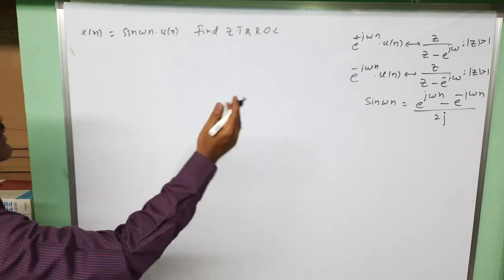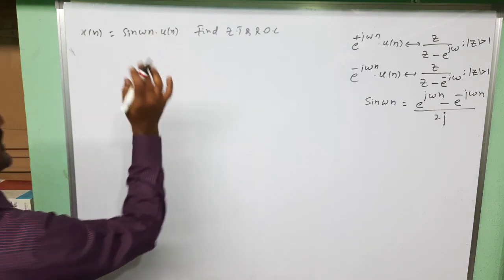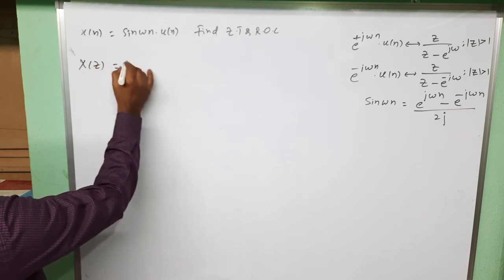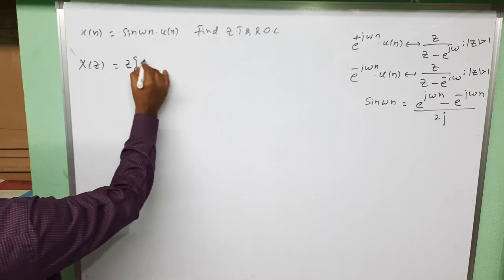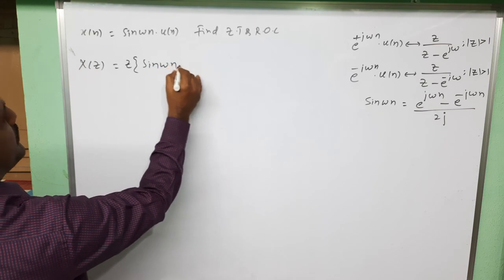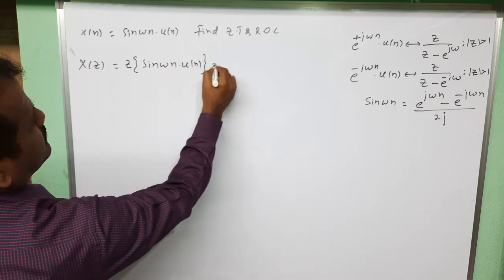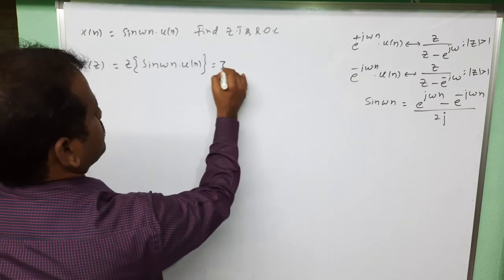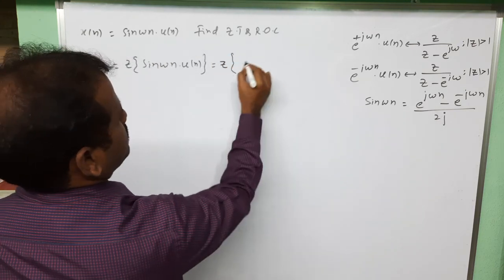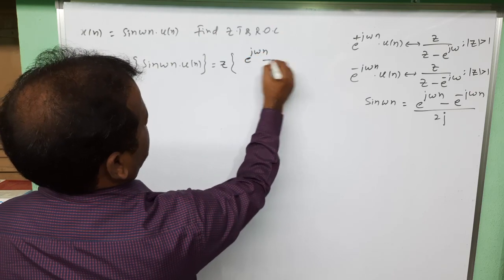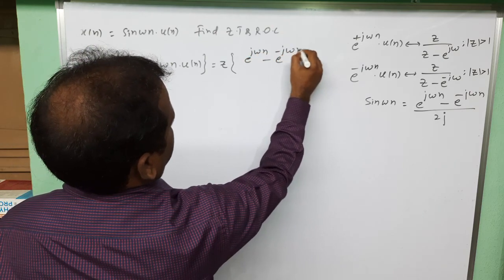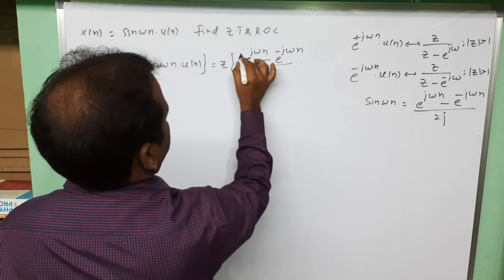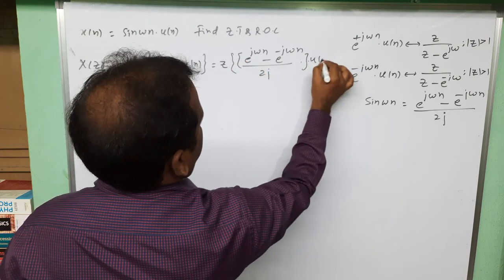Let us use these formulas to find the z transform of sin omega n u of n. Here x of z is nothing but z transform of sin omega n u of n. With the sin omega n we can replace this expression: z transform of e to the power of j omega n minus e to the power of minus j omega n divided by 2j multiplied by u of n.